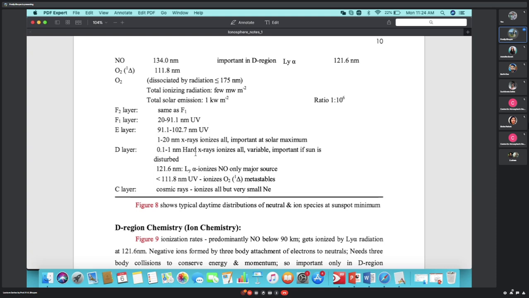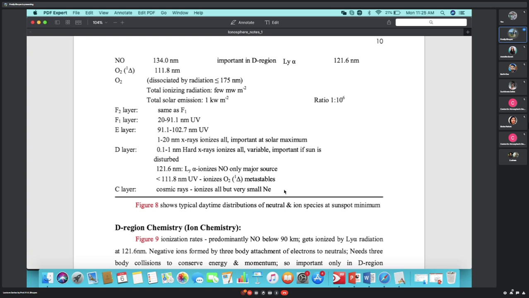One is hard X-rays, the other is Lyman alpha, the other is UV. All this can happen in the D layer. And the C layer, it is termed as C layer. Normally people do not talk about this as C layer, but still it is cosmic rays, which ionize all but very small electron density.